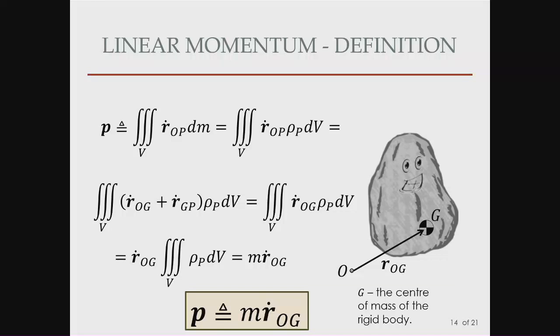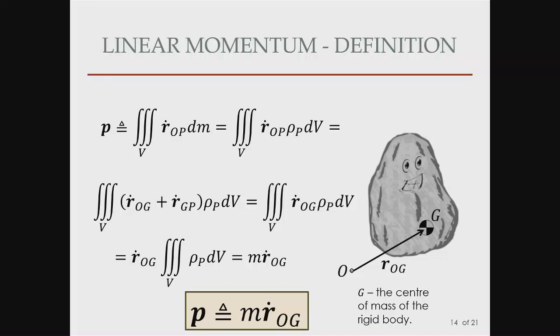All right? How to get from the definition to here? Do you see how this is the definition? Summation over the linear momentum of each kind of mini particle within the volume. So what I'm doing here, I'm splitting the vector from O to some point P, that point that travels across the rigid body, into OG plus GP.